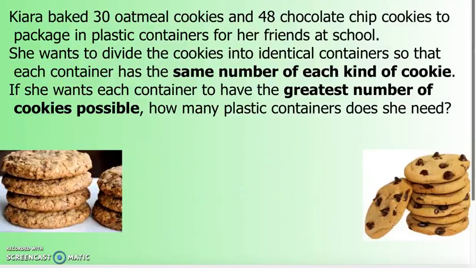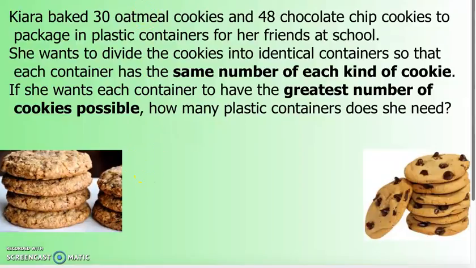Our next problem. Kiara baked 30 oatmeal cookies and 48 chocolate chip cookies to package in plastic containers for her friends at school. She wants to divide the cookies into identical containers so that each container has the same number of each kind of cookie.